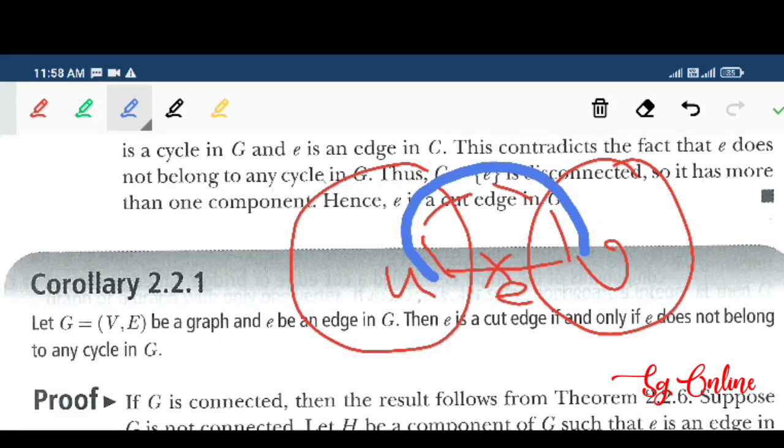And this proves that no cut edge can be a part of a cycle, because deletion of that cut edge splits the graph into two components.